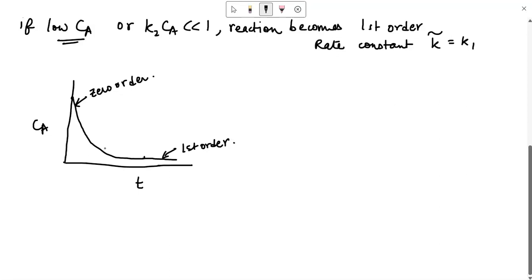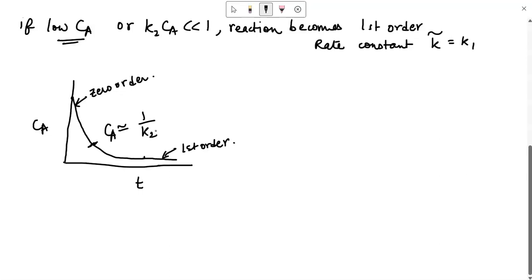This shift occurs at some point, say here, where the point of inflection takes place, and it is found to occur at Ca almost equivalent to 1 by K2. So this is how shifting order reactions are seen.